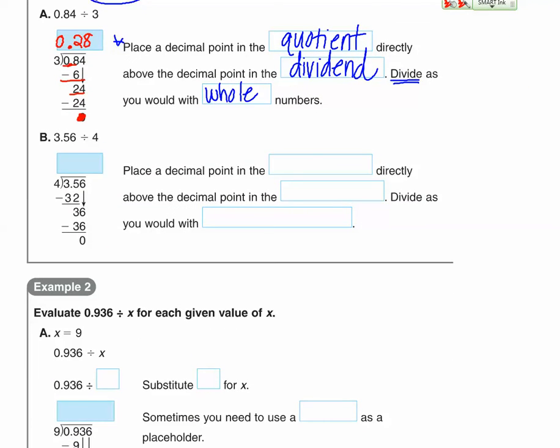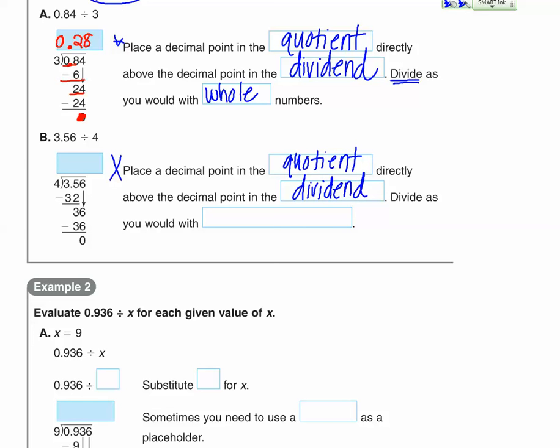So again, first we're going to follow the steps right here. Place a decimal point in the quotient. That's the answer line. Directly above the decimal point in the dividend.